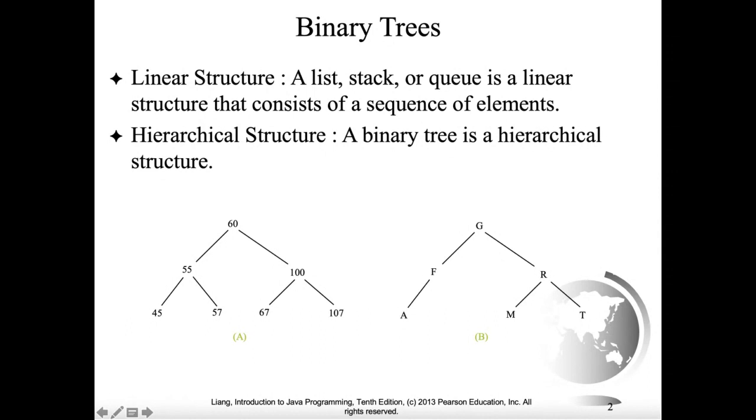So they're not siblings. But what you can see when you draw this in a nice order from the root is that A, M, and T in the tree in picture B are in the same level. That means that if I consider the root as level 0, if I go one edge to the left, for example, or one edge to the right, I find all the nodes in the very first level.